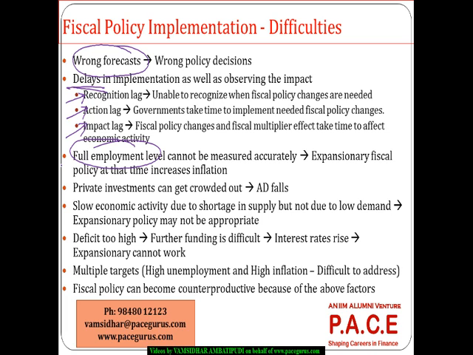And we are also saying that if the economy is not operating at a full employment level, fiscal policy will have its own dangers, right? So expansionary fiscal policy is good, right? Because fiscal policy is going to shift the aggregate demand, which is going to increase the real output along with the price.